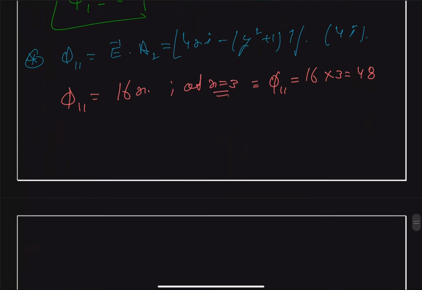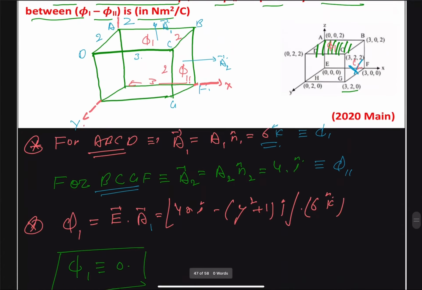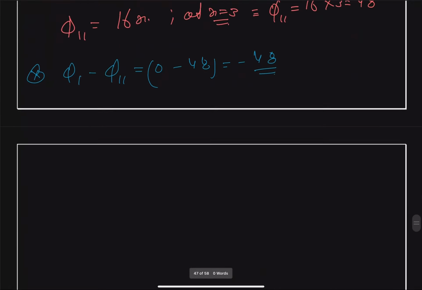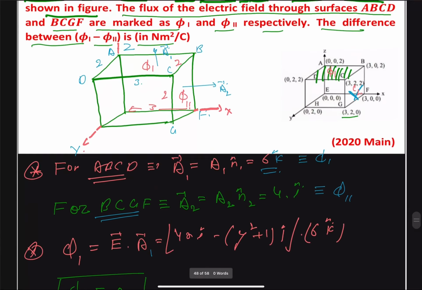So phi 1 minus phi 2 will be 0 minus 48, giving us minus 48 Newton meter square per coulomb.